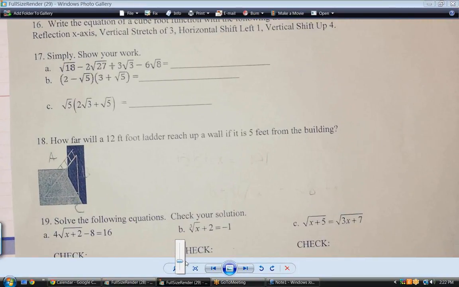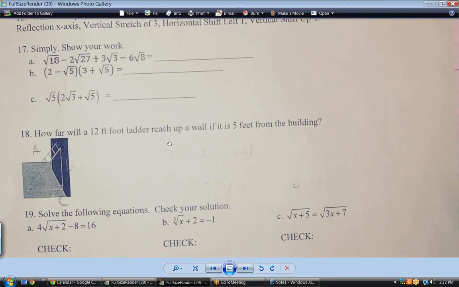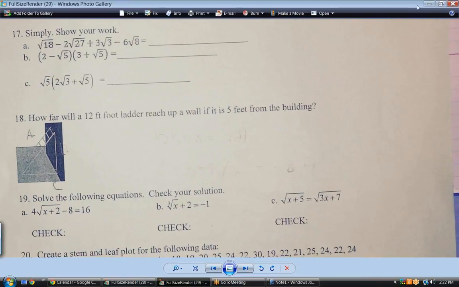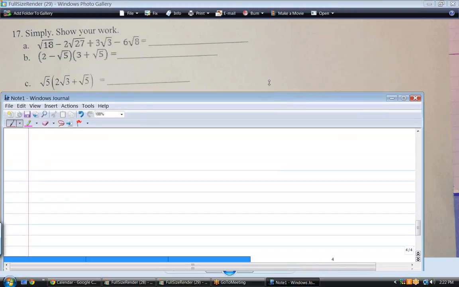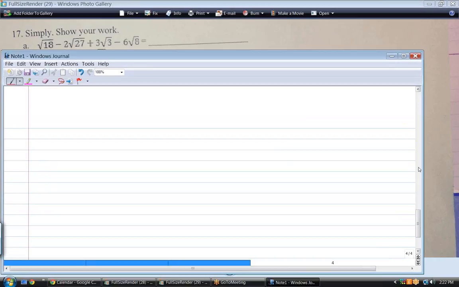Yeah, much better. Sometimes it's just a steadier hand. I've taken an awful lot of pictures and digitized math problems into my computer, and boy, sometimes it's just kind of random as to how steady your hands are. All right, let's write this fully.